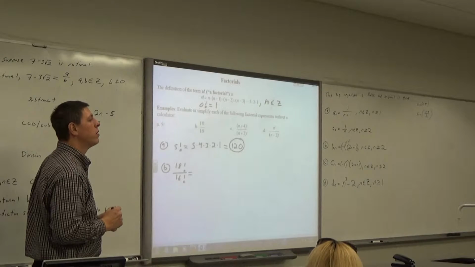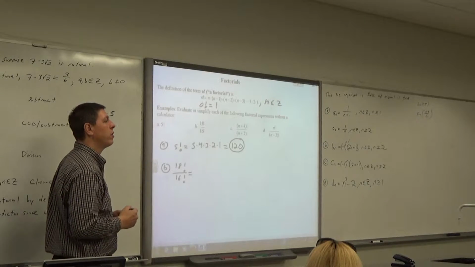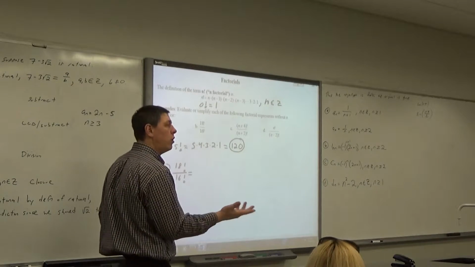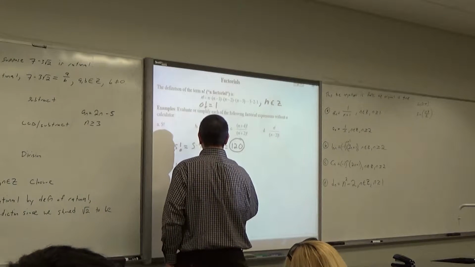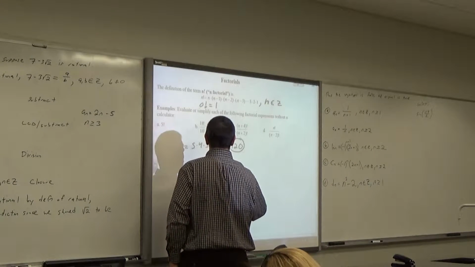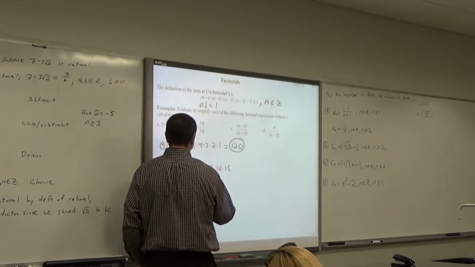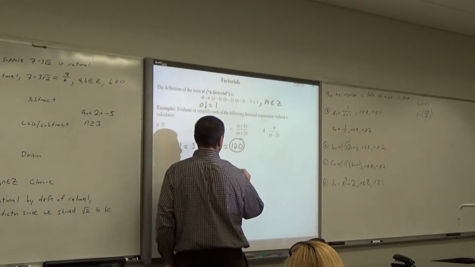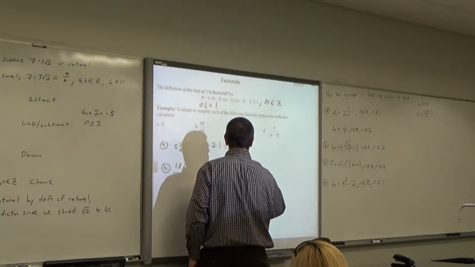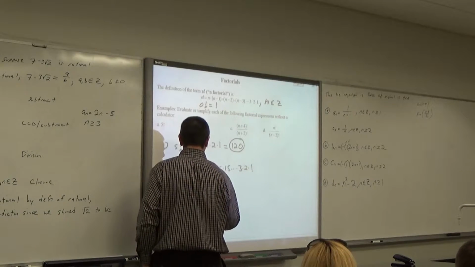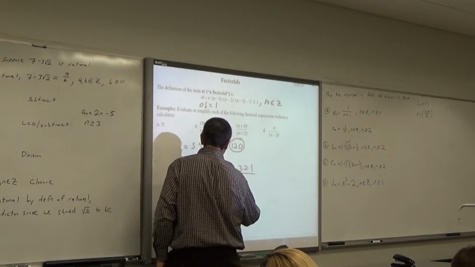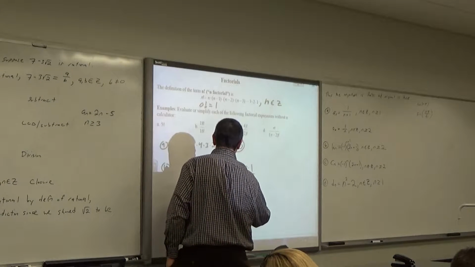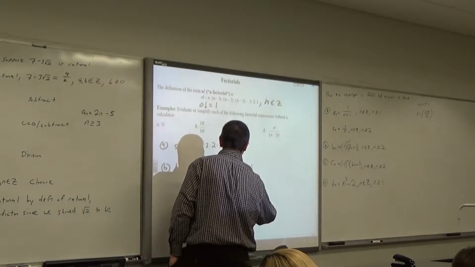Since the numerator will cancel up to 16, all you have to do is 18 times 17. Very good. Isn't it true that the definition of 18 factorial is 18 times 17 times 16 times 15, all the way down to 1, and the definition of 16 factorial is 16 times 15, all the way down to 1?